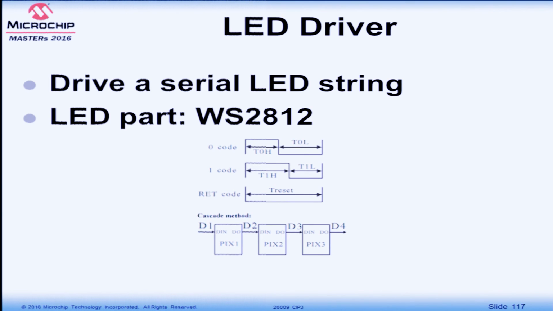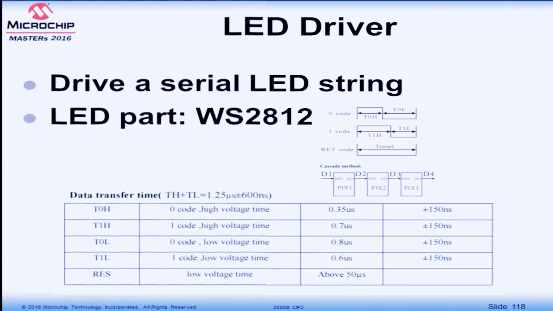It has its own communication protocol. Well, the protocol from the datasheet is, I encode my zeros and ones based on the pulse width. And for the pulse width, they give you a table that tells you what is the maximum and minimum time it has to be. And it turns out, if I want to transmit a code 0, my duty cycle should be somewhere between 70% to 43%.